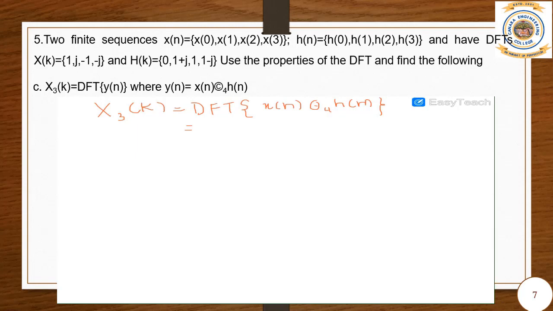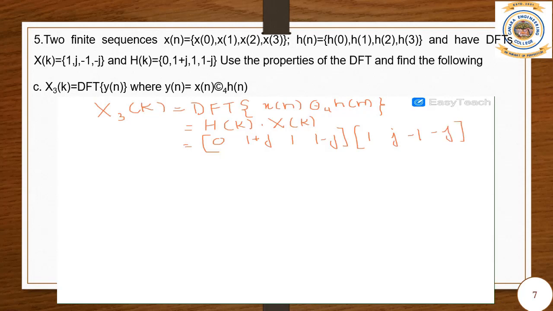So in the frequency domain, it is H of k into X of k, or it can be vice versa, X of k multiplied by H of k. So we have here H of k given by 0, 1 plus j, 1, 1 minus j multiplied by 1, j, minus 1, minus j.